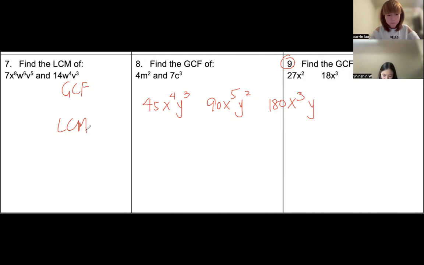GCF is 45 x squared, x cubed y, and LCM is 180 x to the fifth and y cubed.